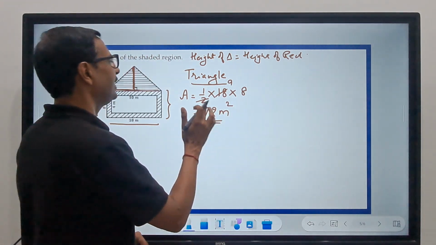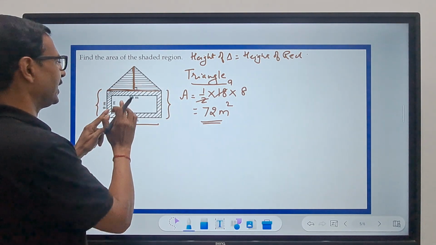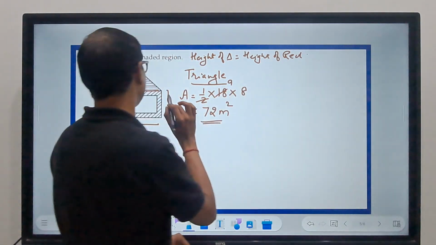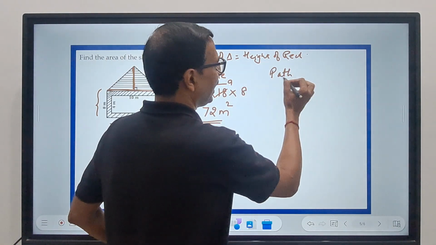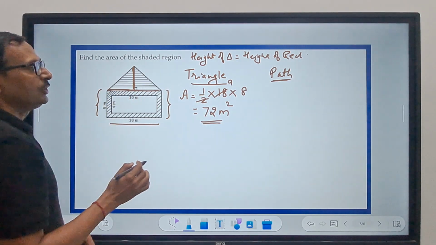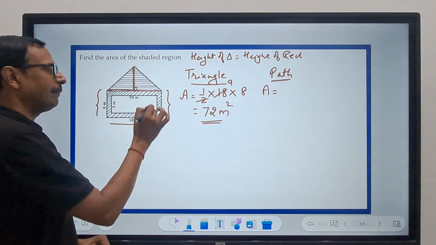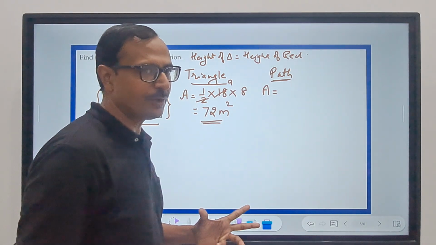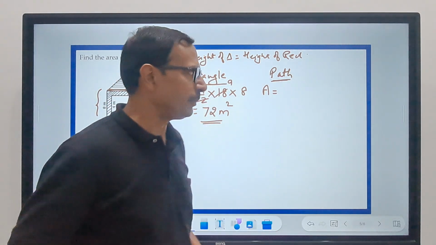This is the area of the triangular region on the top, but we have to find this shaded part also. You can call it a path. So for the path around this rectangle, you always have to find the area as outer minus inner, because inner is unshaded. Whenever you have to find the shaded area, take the total area and subtract the unshaded from it.